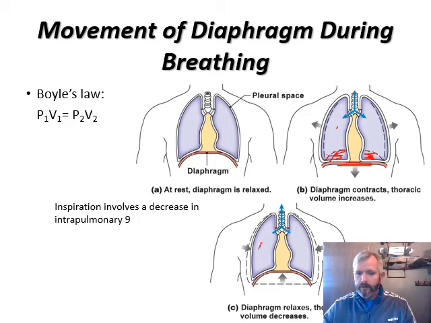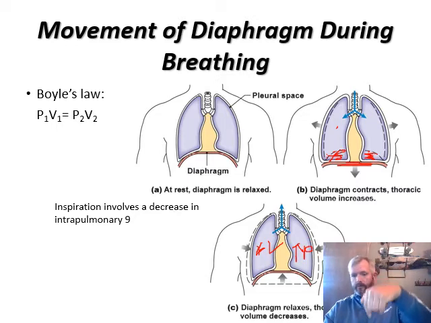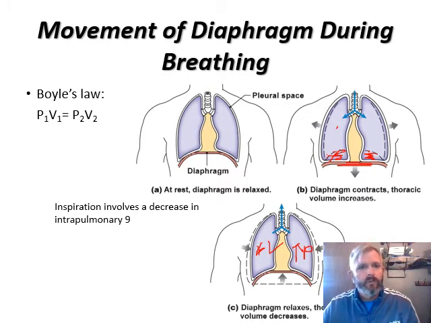As volume goes down, what happens to pressure? It increases. So when the diaphragm relaxes, the volume goes down, pressure goes up, and we expire the air. That's simply all we're doing to bring air in or out of the lungs for ventilation.